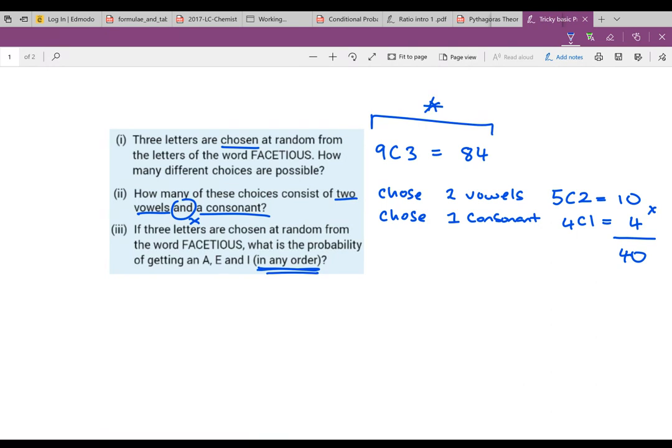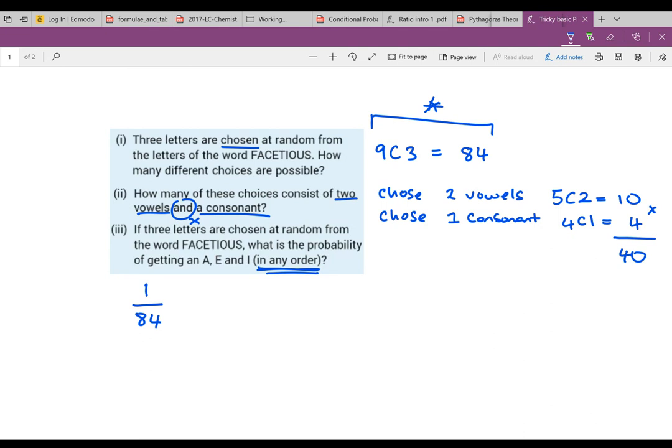So that accounts for any 3 letters being chosen in any order.